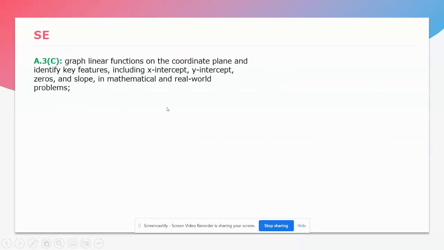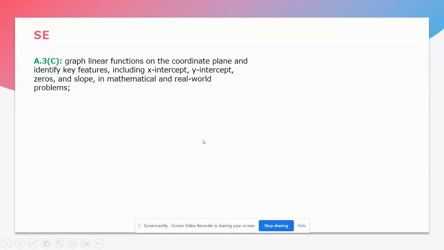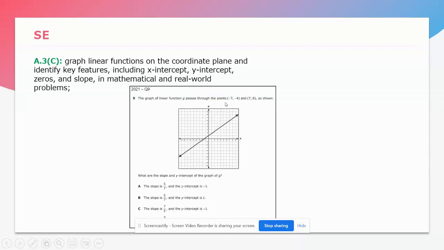A3C is the big one. It's talking about the graphing and uses the key features: x-intercept, y-intercept, zeros, and slope. Here's one example where they give the zero and the y-intercept and ask for the graph. Another, they're giving 2 points and asking for the slope and the y-intercept.